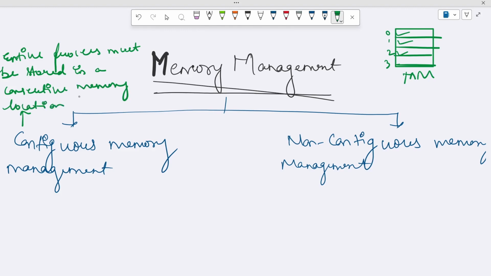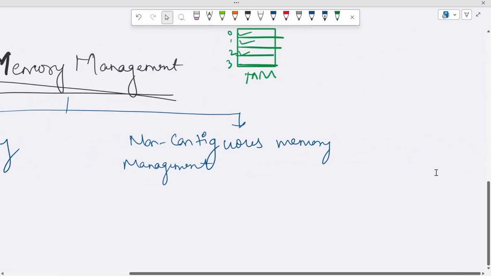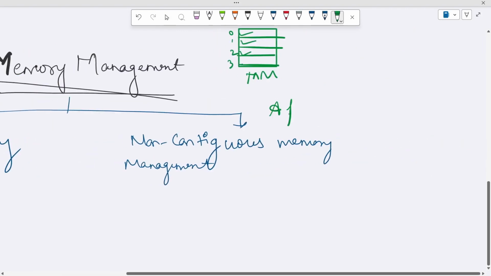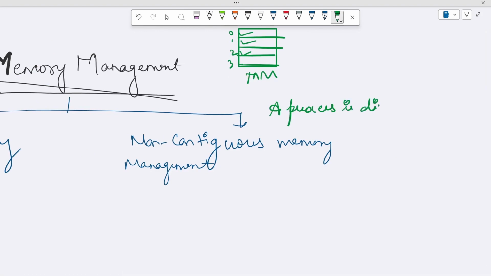And in the non-contiguous way, you can write that a process is divided into multiple parts, and each part is stored anywhere in the memory.